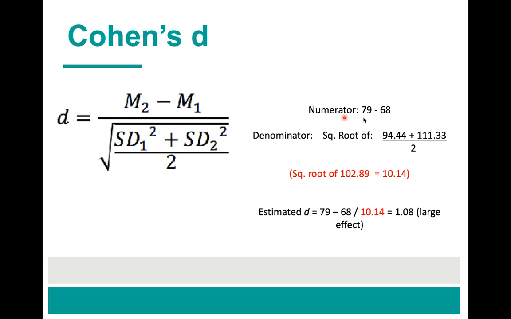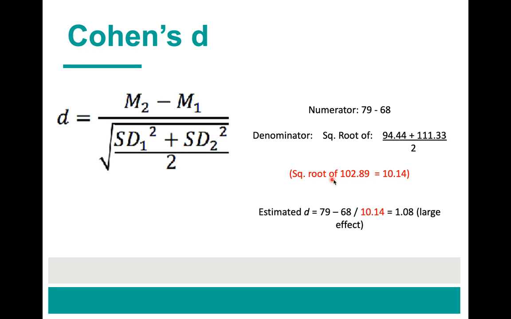So we'll do it again, right? The numerator is 79 minus 68, our mean difference. The denominator is the square root of the variance of group 1 plus the variance of group 2 divided by 2. So 94.44 plus 111.33 divided by 2 is 102.89.